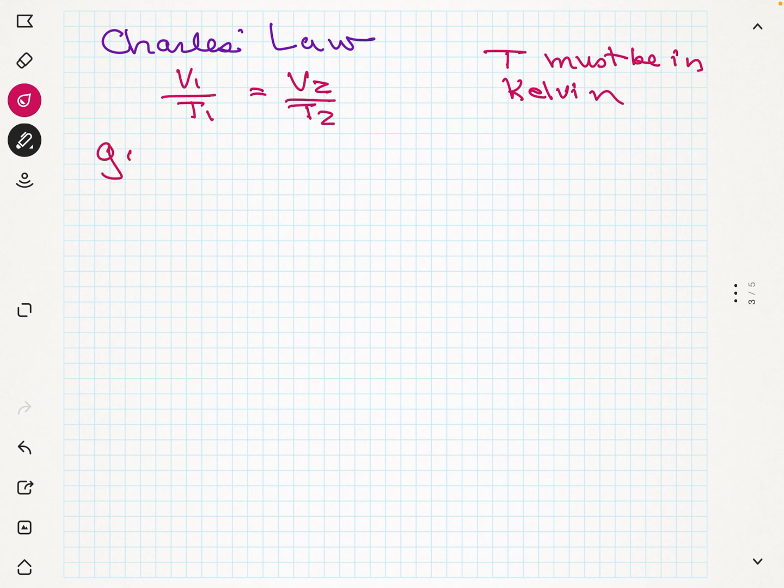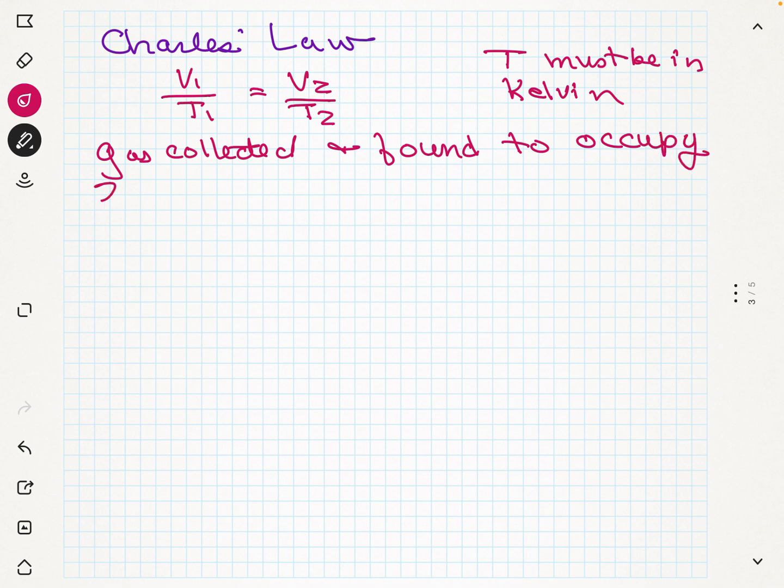A gas is collected and found to occupy 2.85 liters at 25 degrees Celsius.